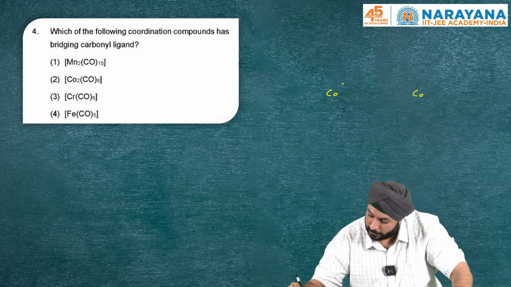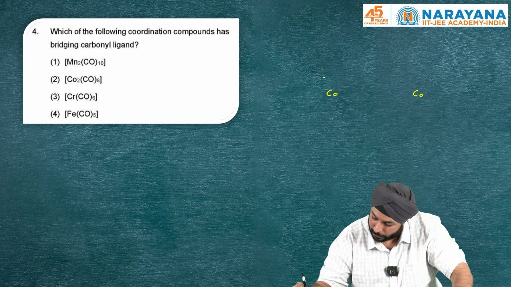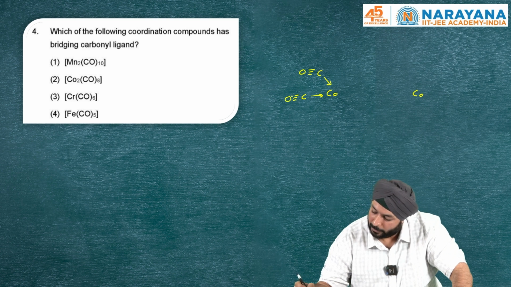This cobalt has Co(CO)8, 3 carbon monoxide molecules which are acting as normal ligands, where they are donating their lone pair to the central atom this way.